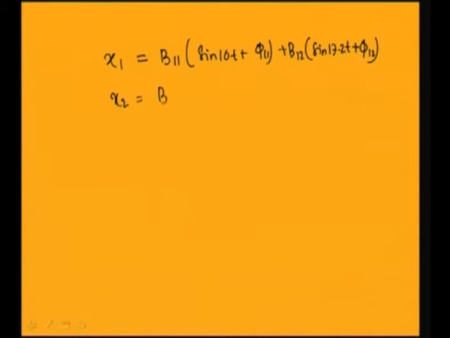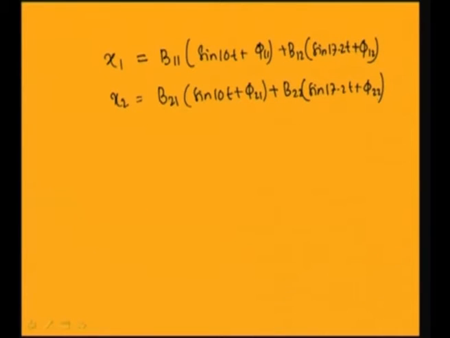So you can write x1 equal to b11 sin(10t plus phi 11) plus b12 sin(17.2t plus phi 12), and x2 equal to b21 sin(10t plus phi 21) plus b22 sin(17.2t plus phi 22).